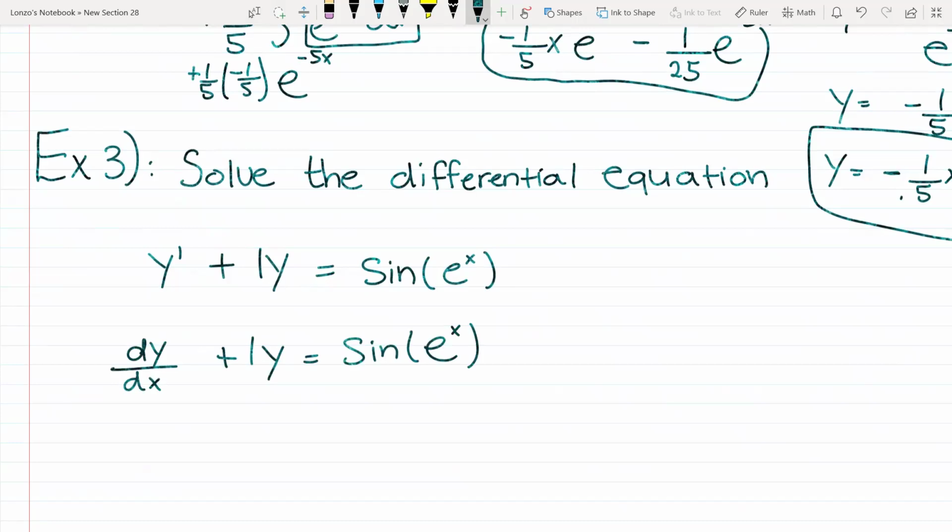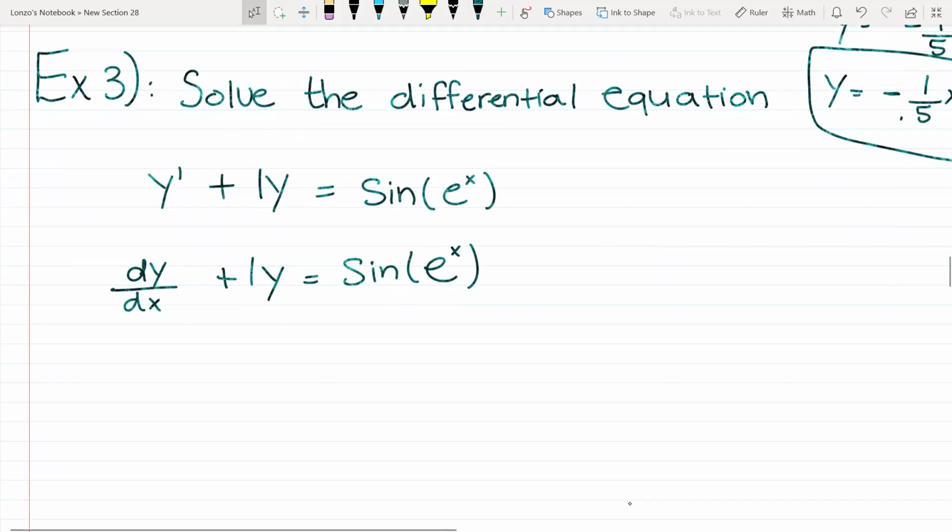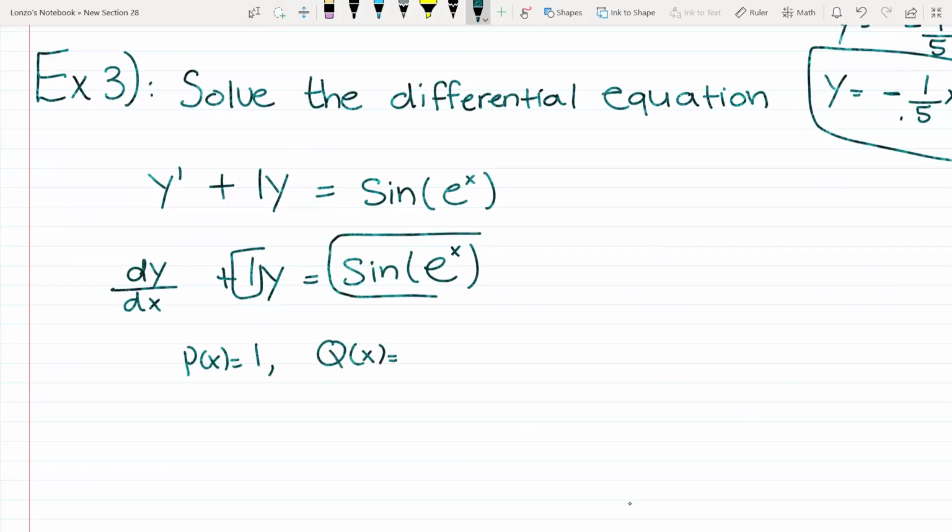So is this in standard form? Yes, it is. There's a 1 here, that's fine. So the next step is to figure out our p of x and our q of x. My p of x is just this number 1, and my q of x is this whole thing right here.